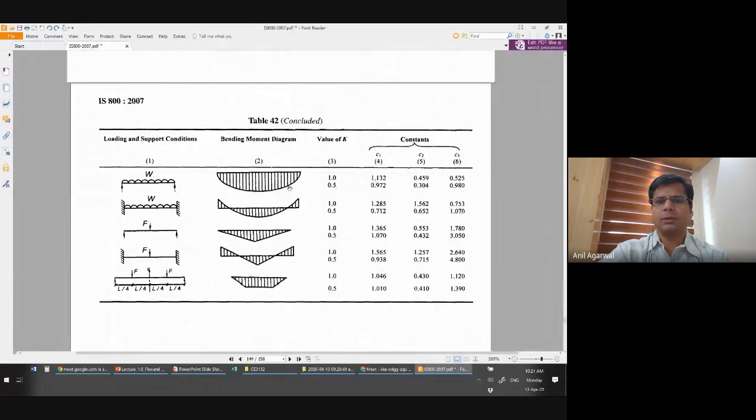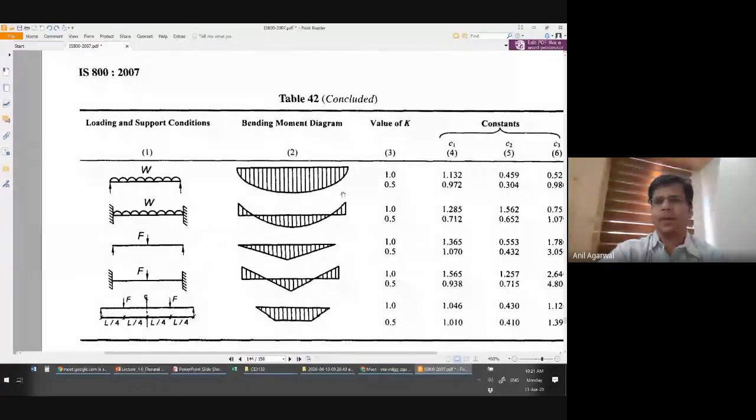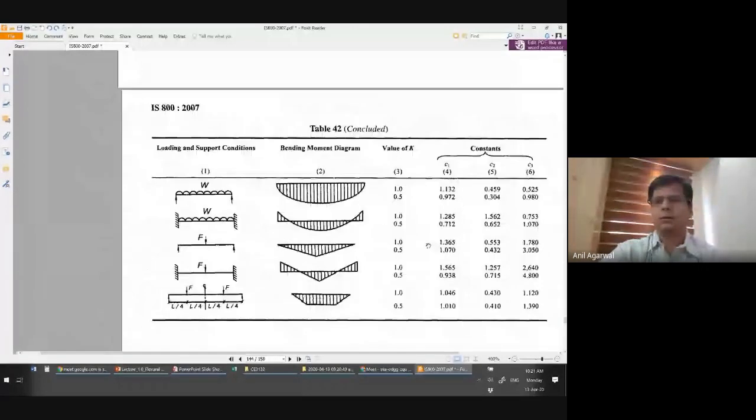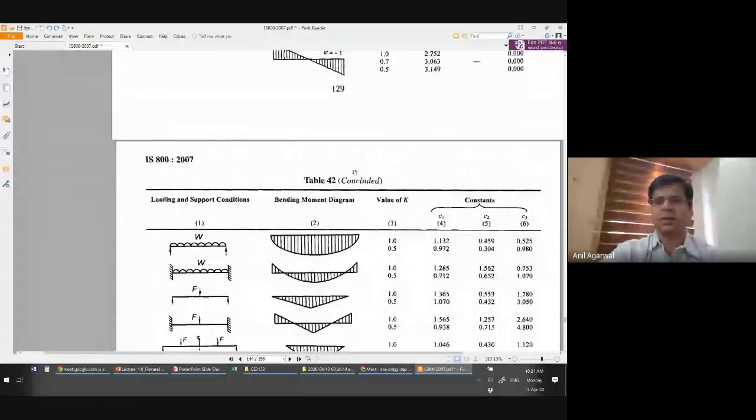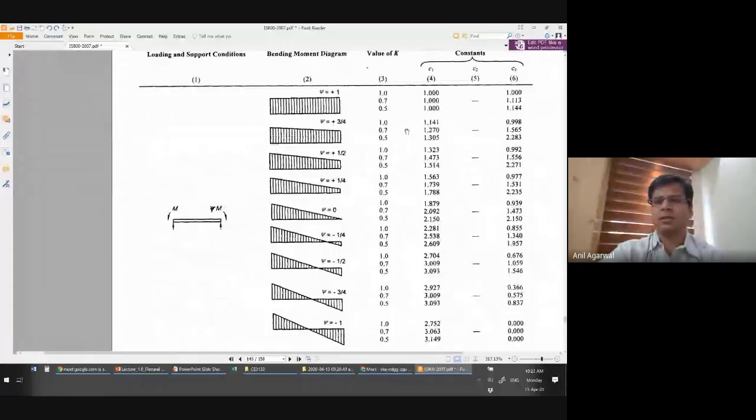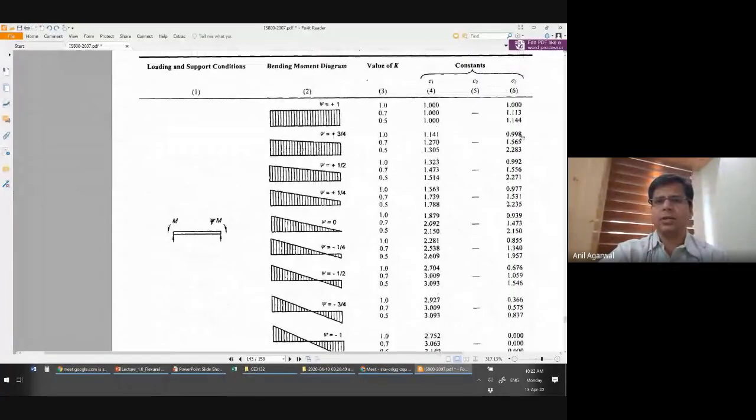For example, if this is the load on a simply supported beam, or if this is the boundary condition, then there are C1, C2, C3 constants and a K constant for different types of bending moment diagrams. Likewise, various types of bending moment diagrams are available, for which you can take the values of K and C1, C2, C3, and then use them in some equations that are given here.